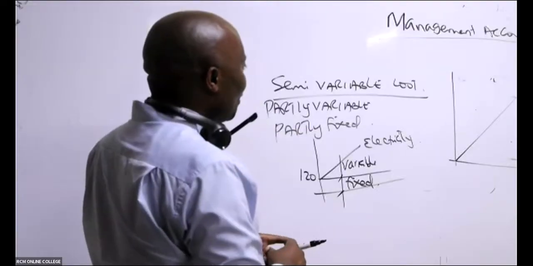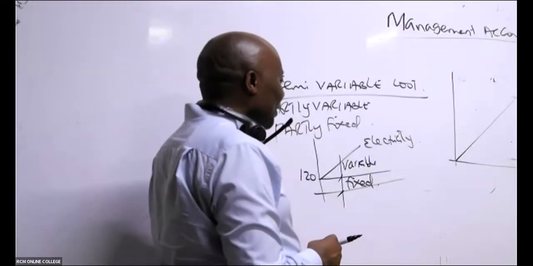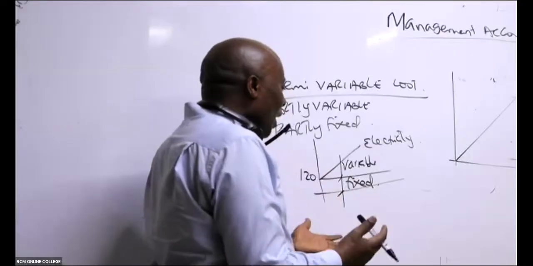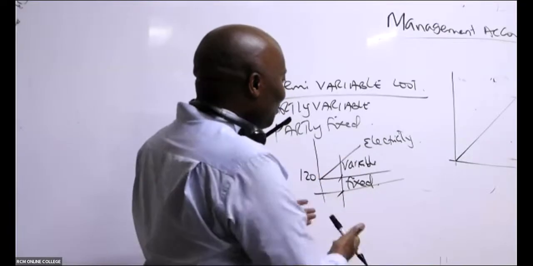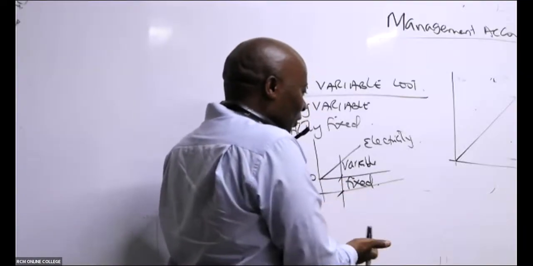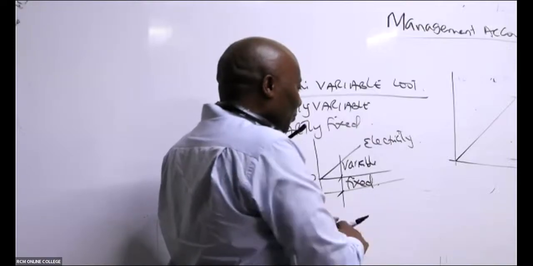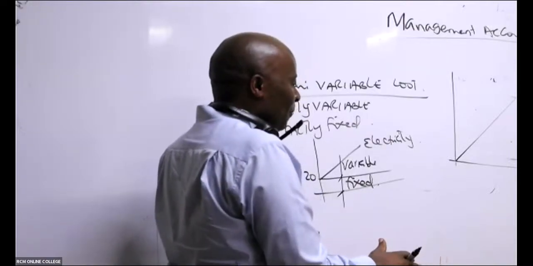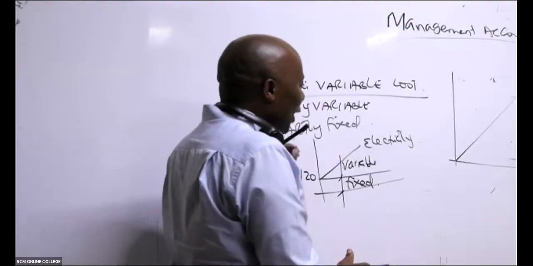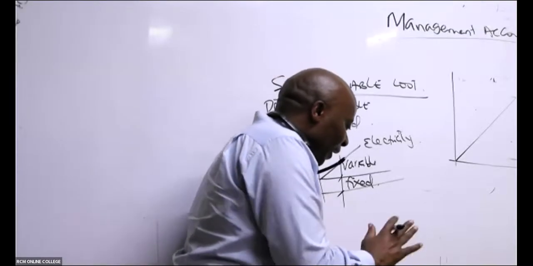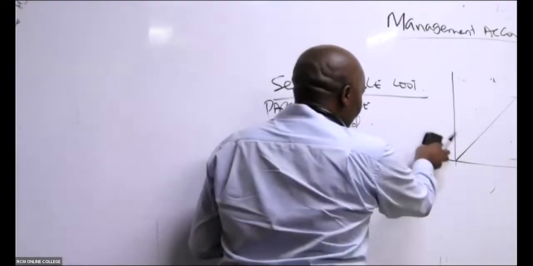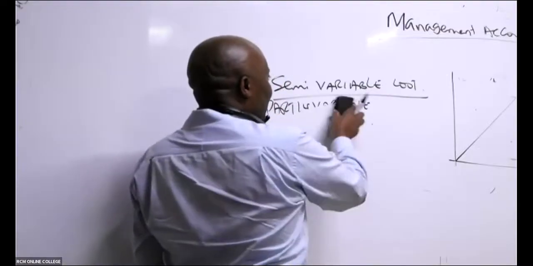People who do not understand semi-variable cost, you always get them at Kenya Power, crying that I never used anything, why are you still charging me? But these people have given you their meters, and you have to pay some rental fees for them. That rental fee is fixed and applicable to everybody. So there are those costs that have to be incurred whether you like it or not. So that is semi-variable.